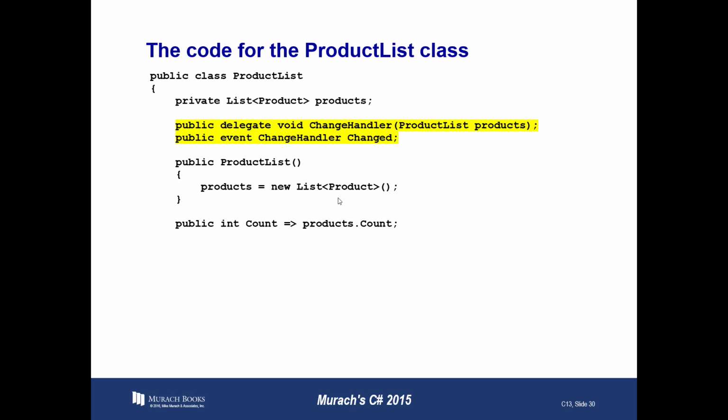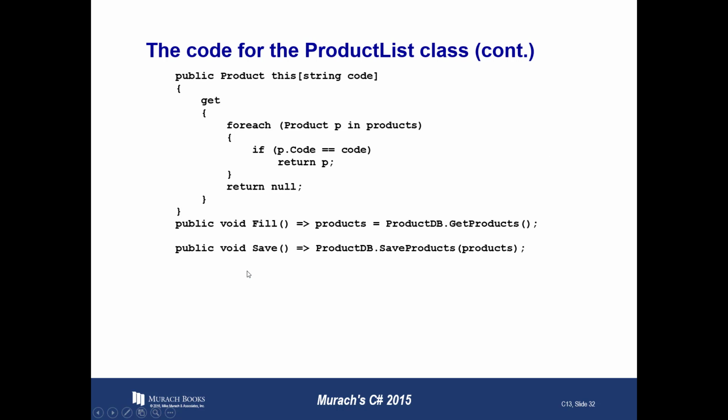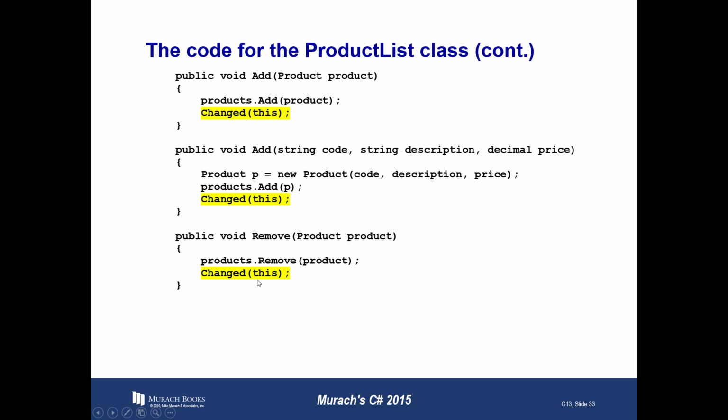From the user standpoint, the application should operate exactly like the one presented in Chapter 12. The only difference is that the classes in this version are implemented differently. Specifically, the product list class includes the additional members that are shown here with the delegate and the event. But again, it should work the same way as what we did previously.